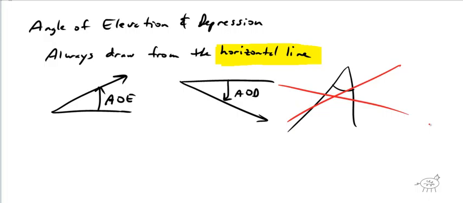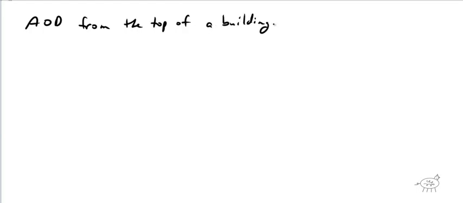All right. So let me just give you an example here. If I told you the angle of depression from the top of a building to log E, which is a little log sitting down on the ground someplace, that angle of depression is 30 degrees.